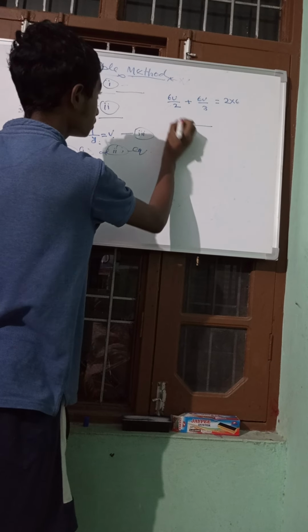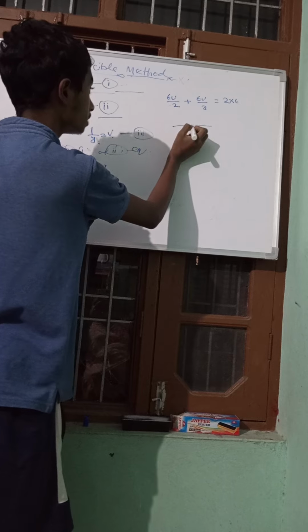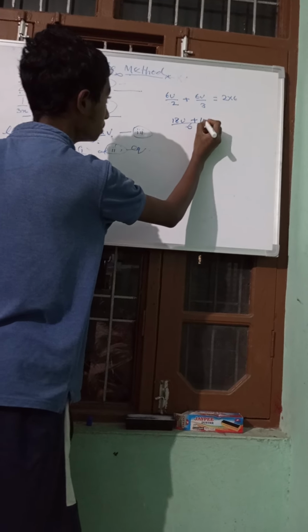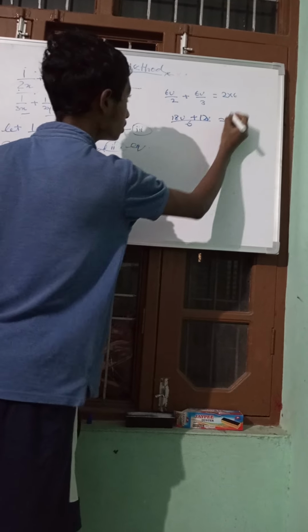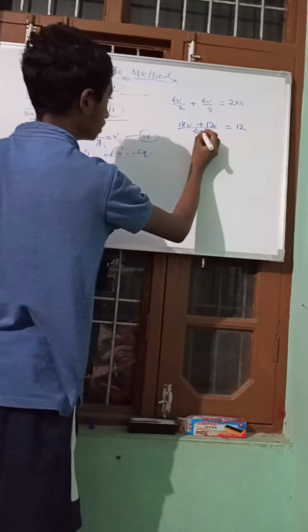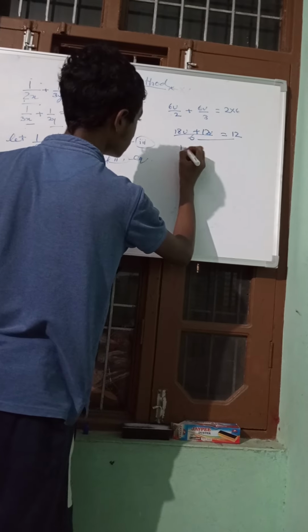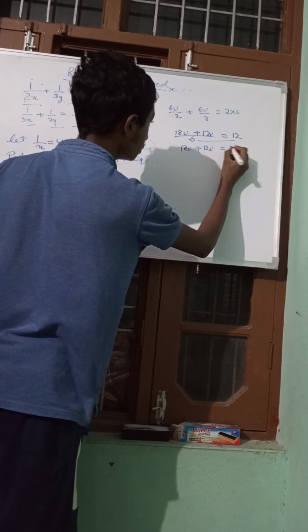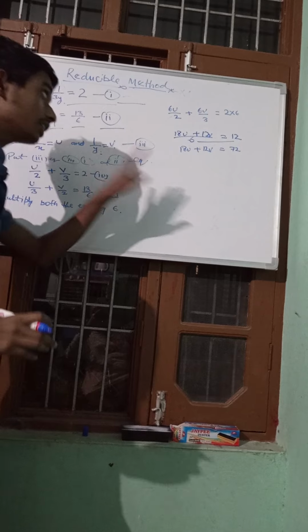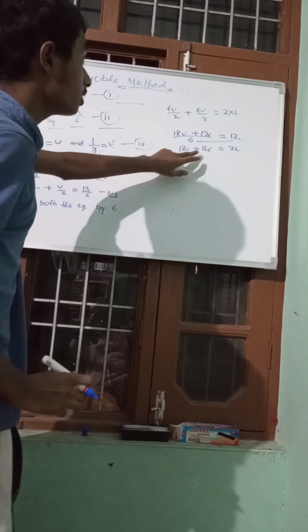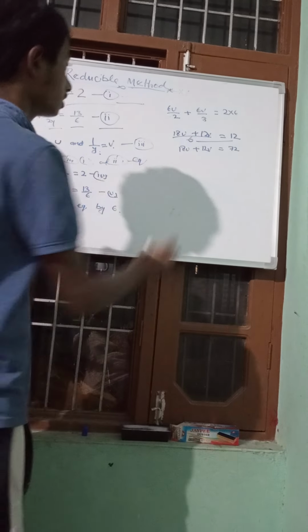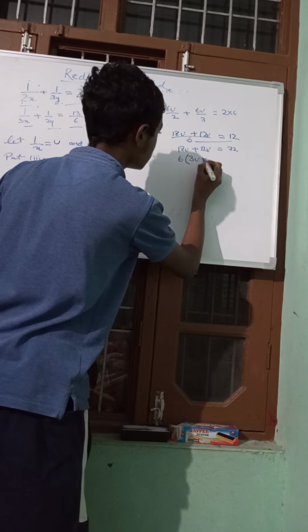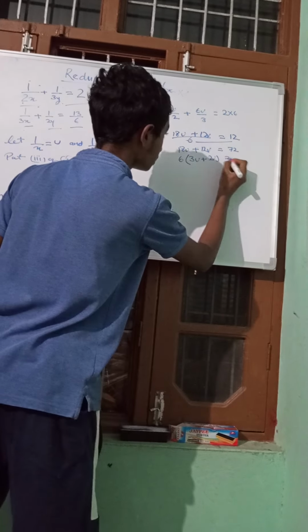So it will be 18u plus 12v is equal to 72, and we have to find the common factor, which will be 6, and it will be 3u plus 2v is equal to 72.